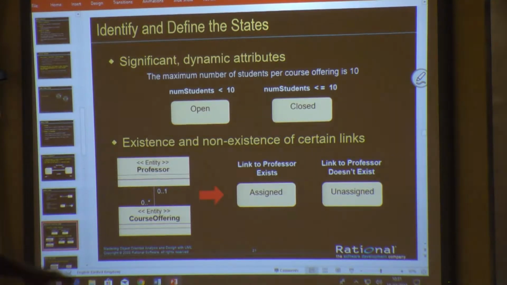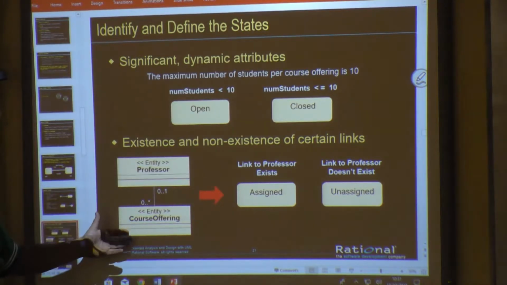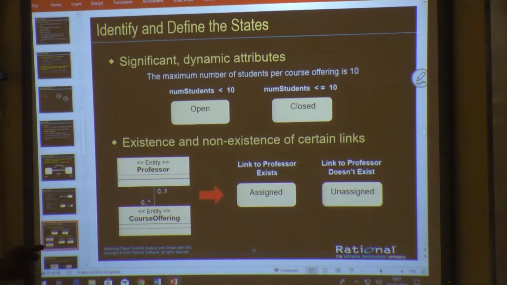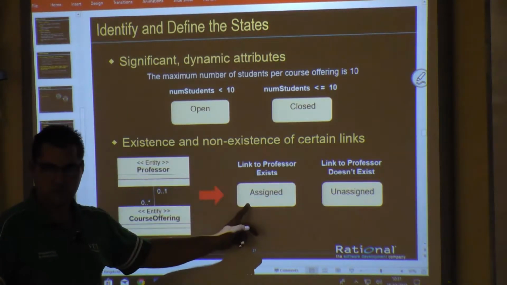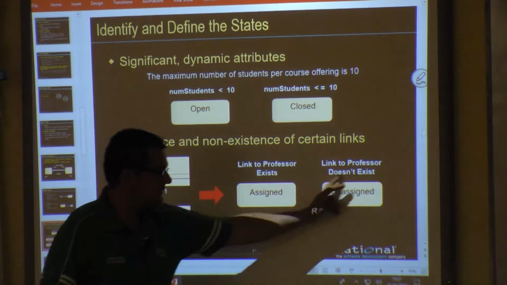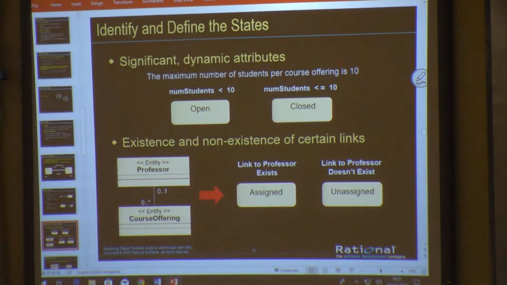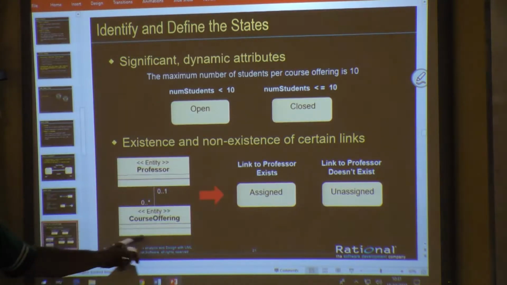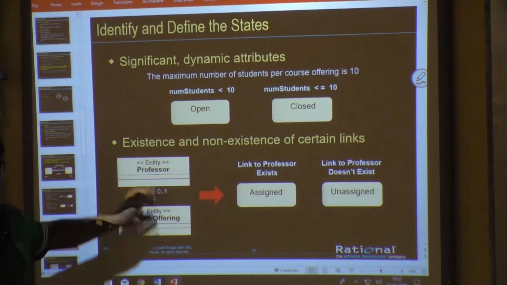So what we are seeing is, if we're looking at a possible modeling of a professor to a course offering, or professor to a subject, we might have that the professor is assigned to the subject, and at some point he's unassigned. He's not teaching any subjects. Okay, but that can help us to capture the attributes and data structures later related to this, because now we are modeling based on the information we're capturing.